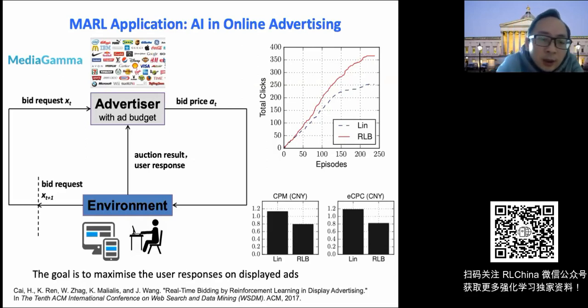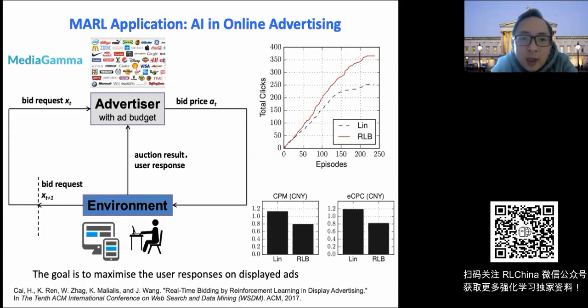This is the example we showed in online advertising, where you can formulate so-called real-time bidding, putting ads in front of the right user, as a decision-making process. And in fact, if you count multiple advertisers competing with each other to put their ads in front of the end user online, then you can formulate it as a multi-agent AI system from the advertiser's perspective.